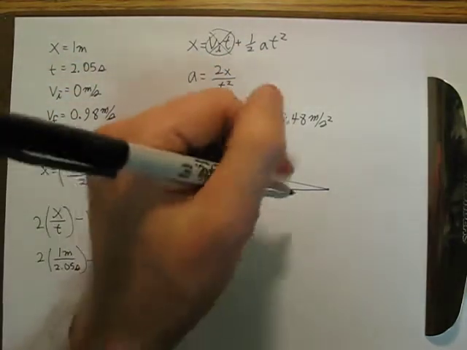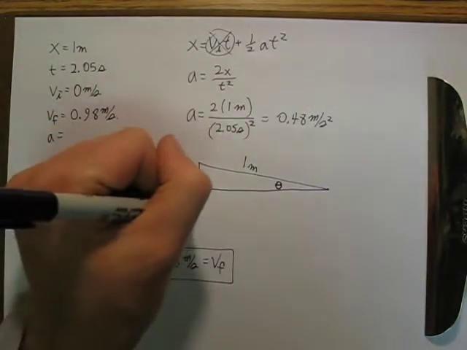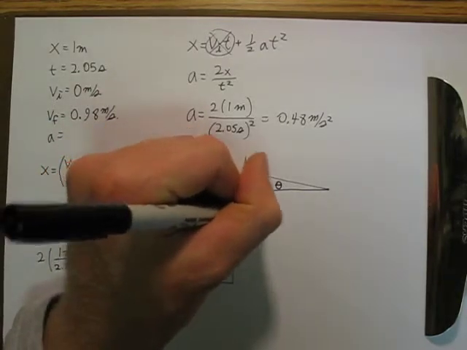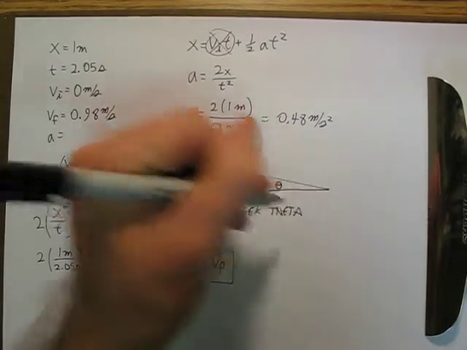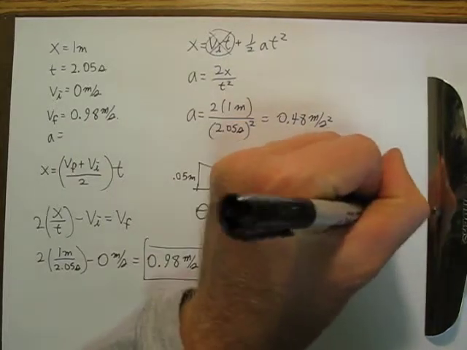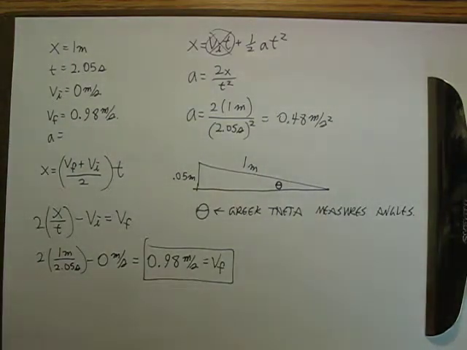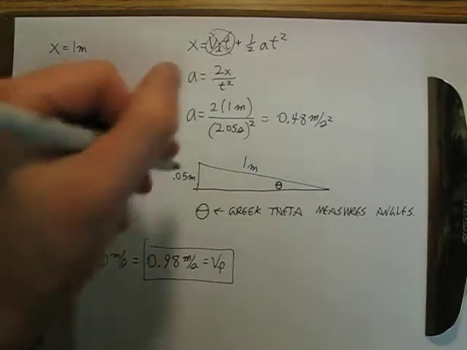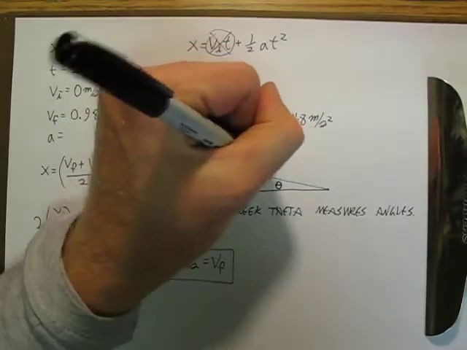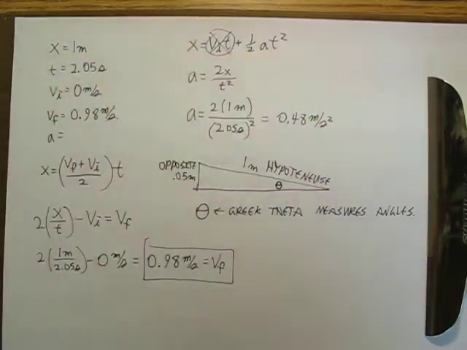I'm going to want to find this angle right in there. This is a Greek theta, and it measures angles. Now, some of you have seen trigonometry, some of you have not. We're going to call this side opposite, and this side hypotenuse.